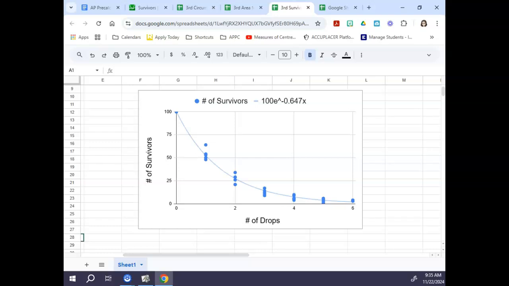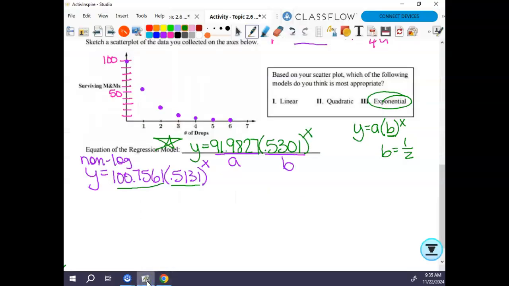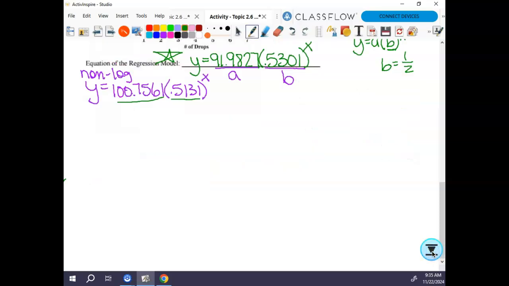But so we have 100 times e to the negative 0.647 power times x. All right. So our initial value is 100. We're like spot on with that one. Would you agree? But that e, we can't really compare. So I want you to think about this. We talked about equivalent forms, right? So if what they just gave me is y equals 100 times e to the negative 0.647 to the x power, okay?